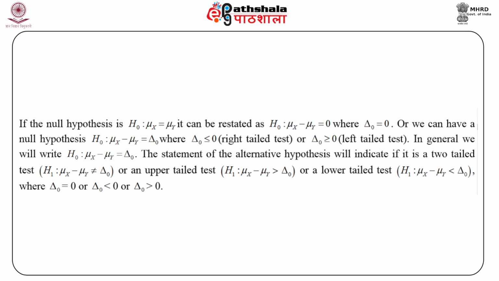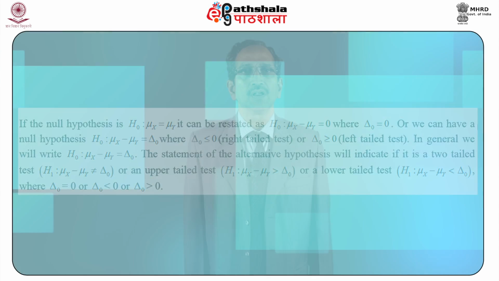Or it could be a lower-tailed test, and then we would write the alternative hypothesis H1 as mu x minus mu y less than lambda 0, where lambda 0, as we mentioned earlier, is 0, or lambda 0 is less than 0, or lambda 0 is greater than 0.